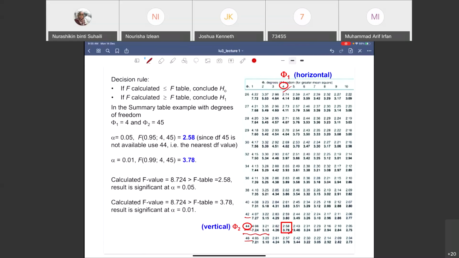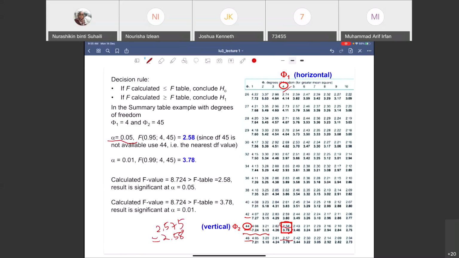Let's say for alpha 0.05, the value will be 2.58. That's for 44. 45 is in between, and 46 is 2.57. Logically, you can say it will be 2.575 because it's in the middle, and if you round up, it's actually 2.58.